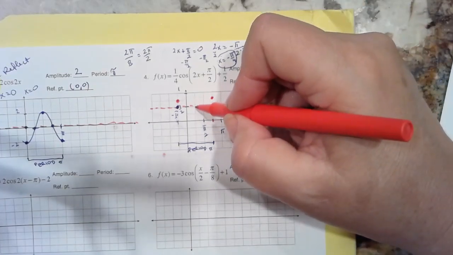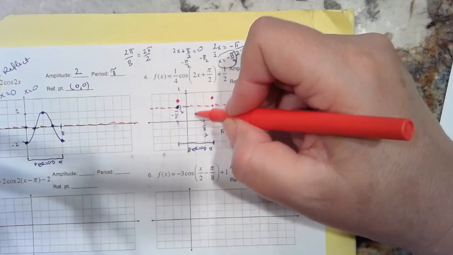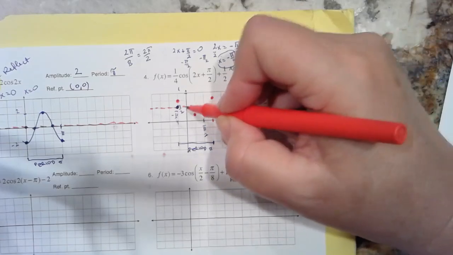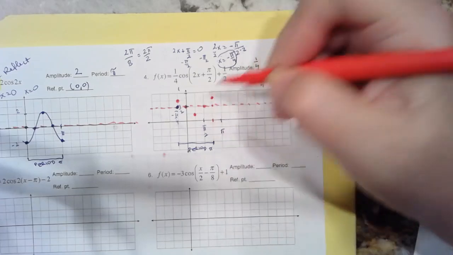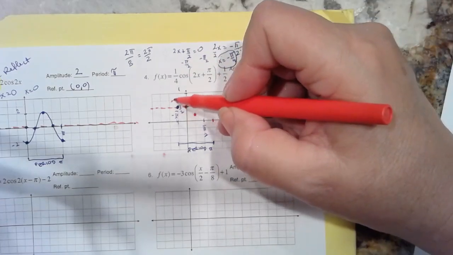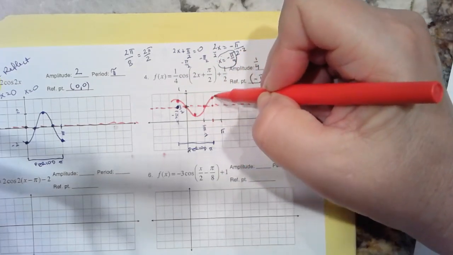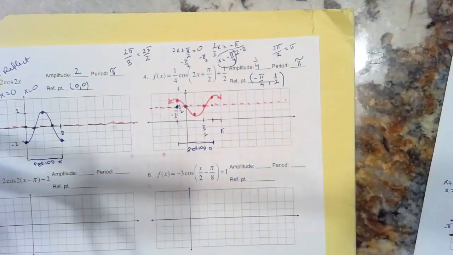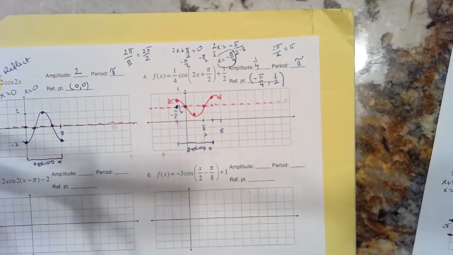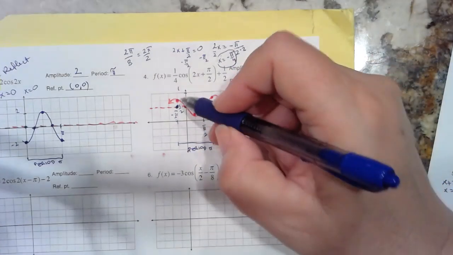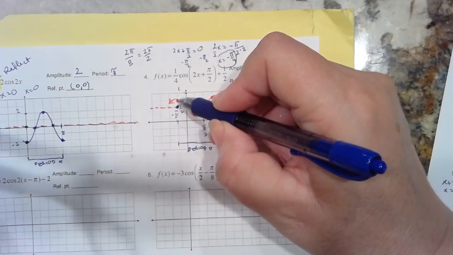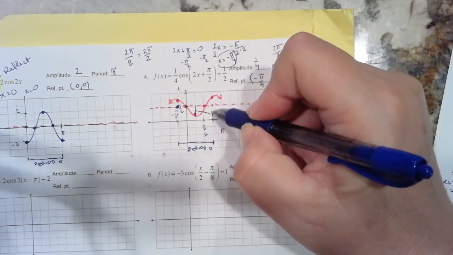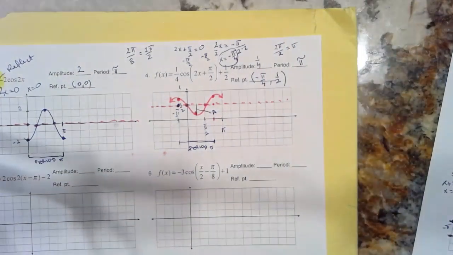And then in the middle, I go 1 down, and these cross exactly. And arrows. Okay, so this is your reference point, this is your starting point, this is your amplitude, and here's your period.